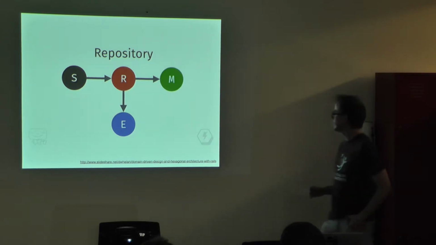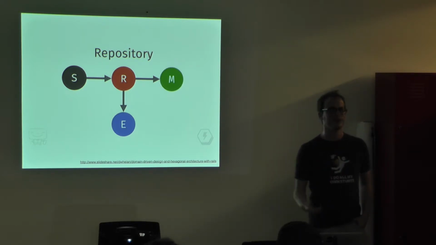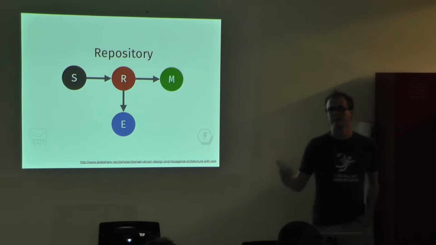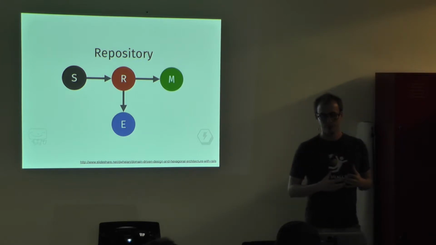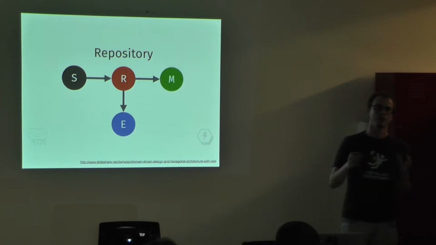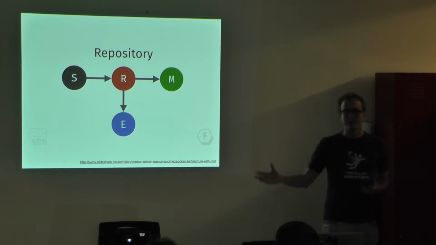And then a fourth pattern, which apparently was not in my list, sorry, is the repository pattern, where your services never deal with persistence, really. They talk to a repository. You can think data mapper style, where the repository is going to talk to your data layer, which could be your models in the case of active record, or could be doing direct inserts, direct posts, deletes, etc. And they will return entities.